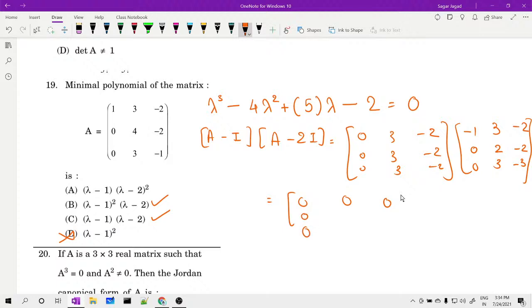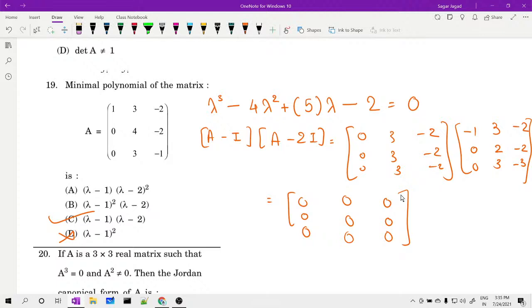This is also 0. Second row, second column, it is 0, 6 minus 6, 0. 0 minus 6 plus 6, 0. It should be like that because the rows are the same, so it should be 0.